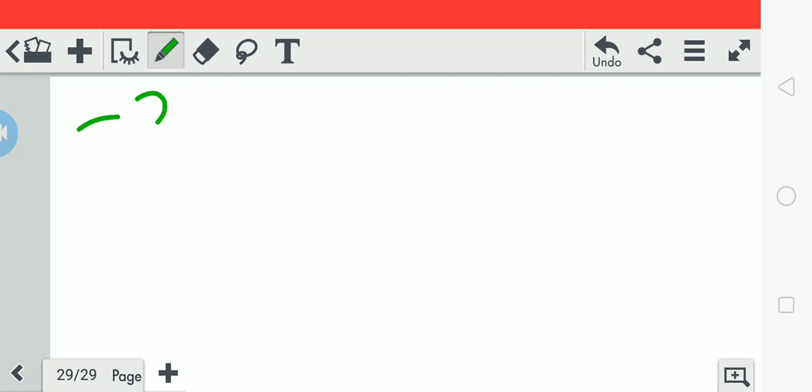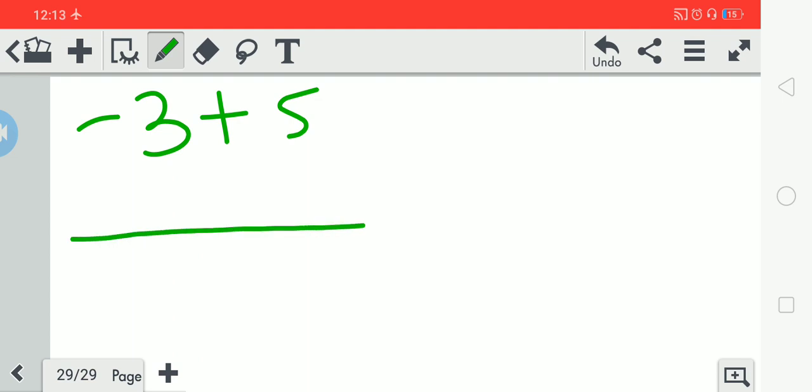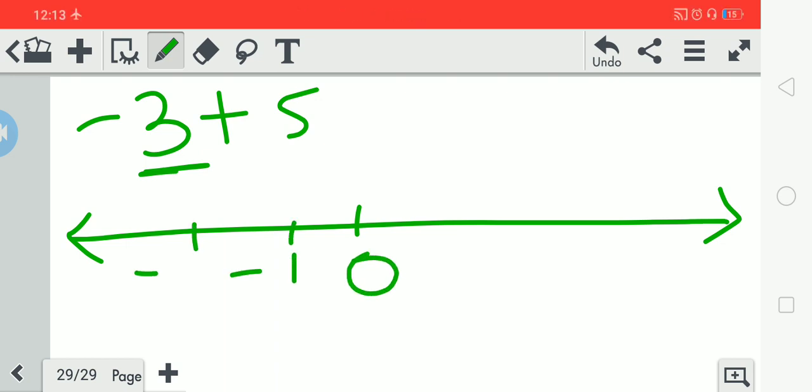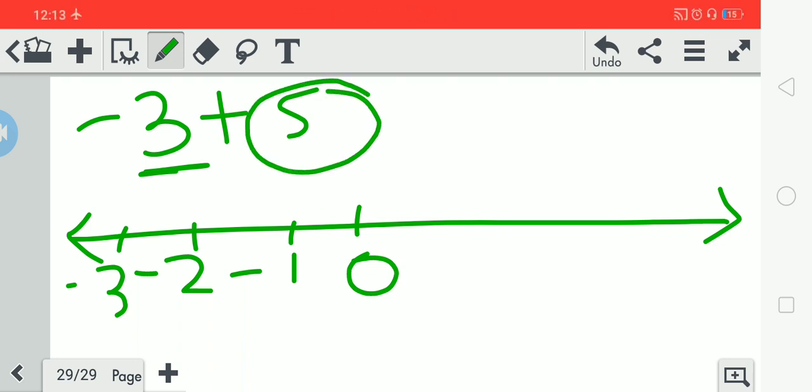Like minus 3 plus 5. Now see how to select the number line. Here the first number is minus 3, so minus 3 is required here: 0, minus 1, minus 2, minus 3, right? Now take 5 moves to the right side.